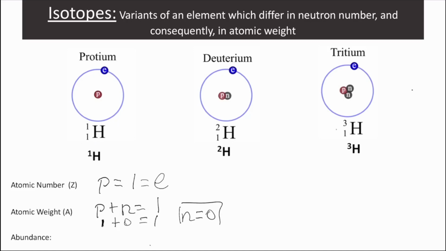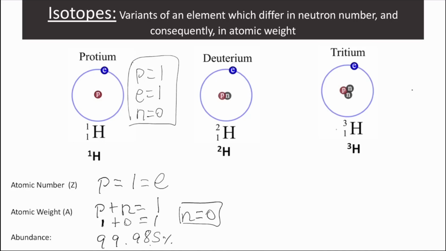So we have 0 neutrons. The abundance of these is 99.985%, which is pretty high. Now, what makes protium what it is: having 1 proton, 1 electron, and 0 neutrons.